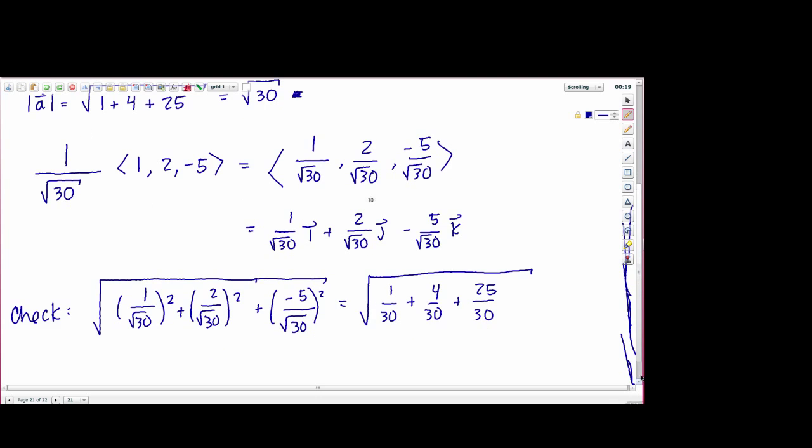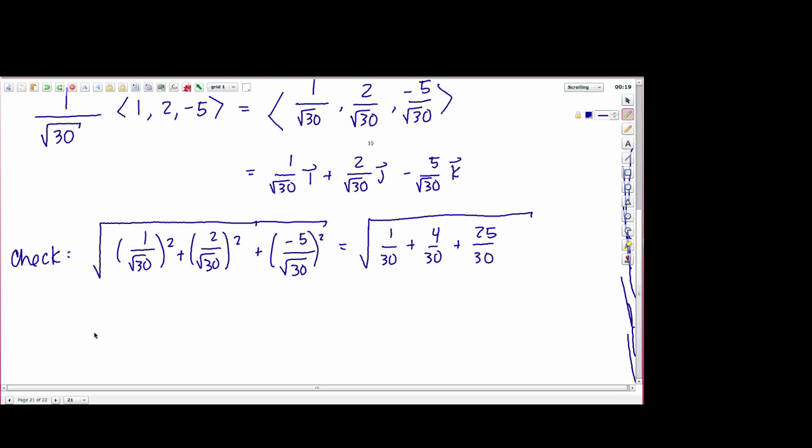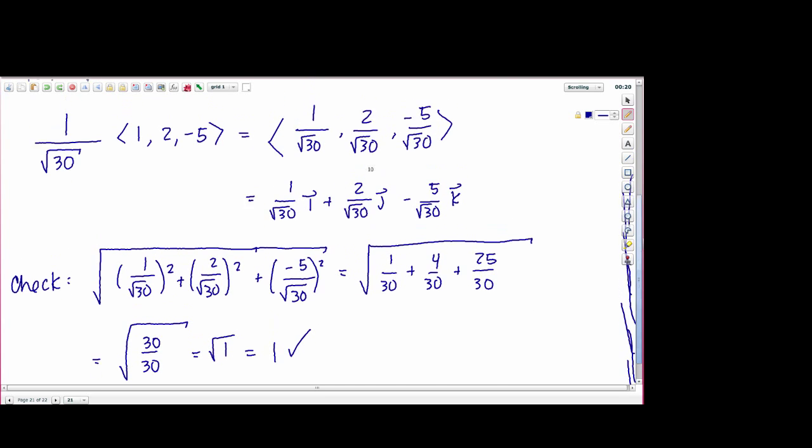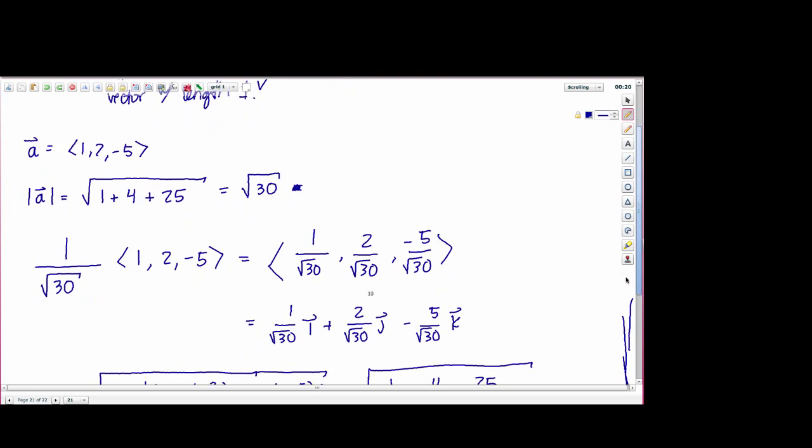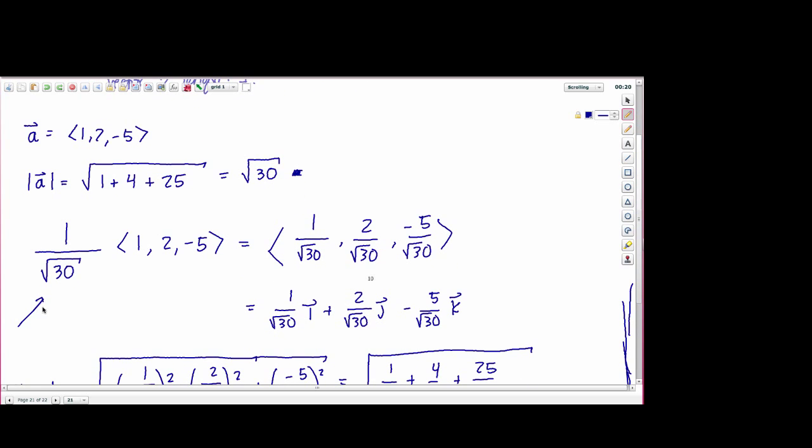With a common denominator, adding up our fractions, we get the square root of 30 over 30, or the square root of 1, which is 1. So we have found a unit vector because it does have length 1, and we know it goes in the same direction as our original vector because it's just a scalar multiple of our original vector.